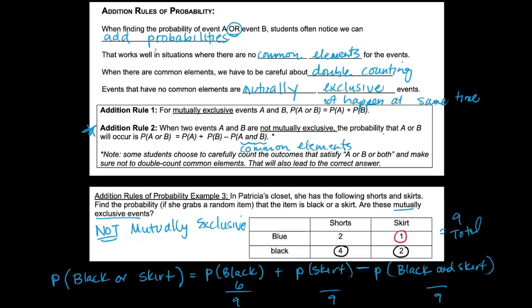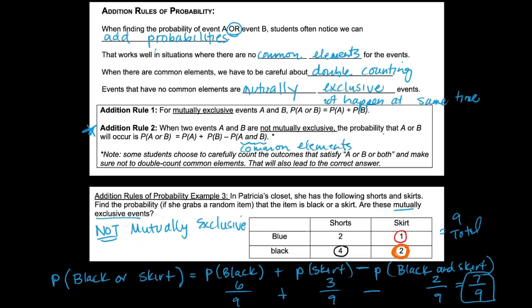So we've got 1 plus 2, there's 3 different skirts. So I've got a 3 there. And then I'm going to subtract the item that's black and a skirt. So that would be like this 2 right here. It falls under skirt and black. And so there are 2 items that are both. So 6 plus 3 is 9, minus 2 is 7, and that's out of 9. So the answer is 7/9.